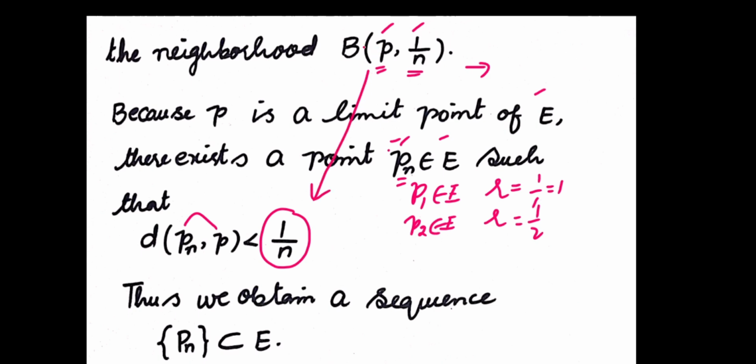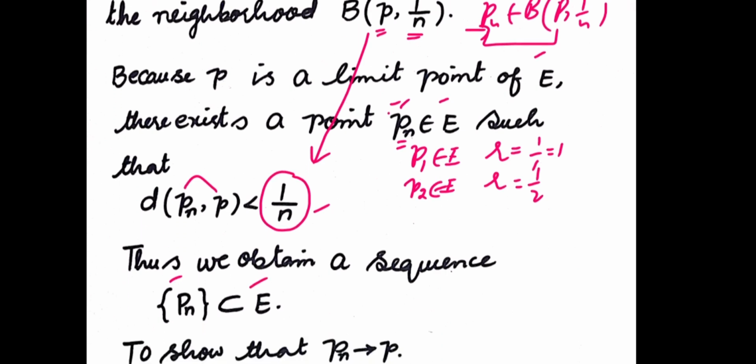When you say this is an open ball whose center is P and radius is 1 over n, and Pn belongs to this open ball, then by the definition of open ball, the distance of these two points will always be less than 1 over n. As this inequality holds for every n, thus we obtain a sequence Pn of elements that belong to E.